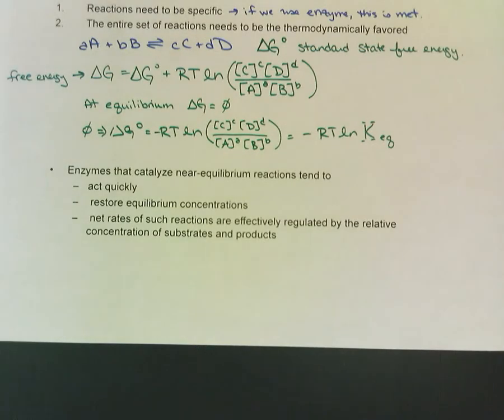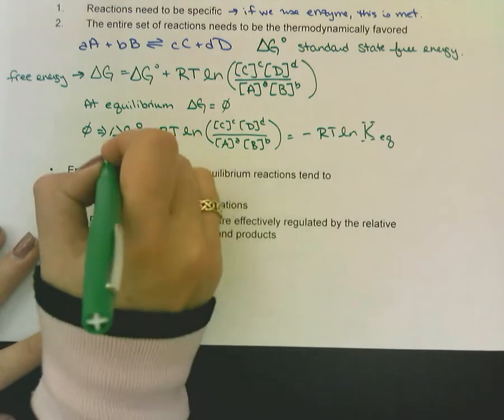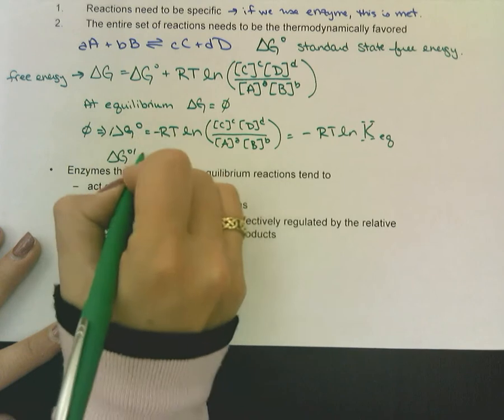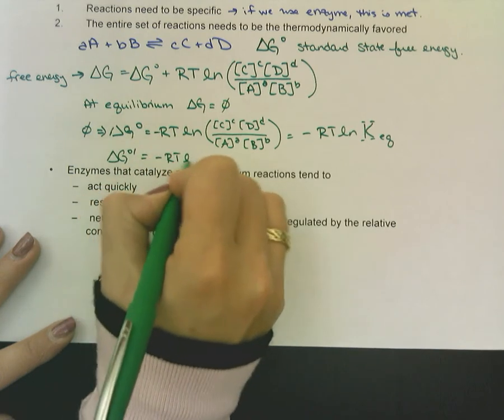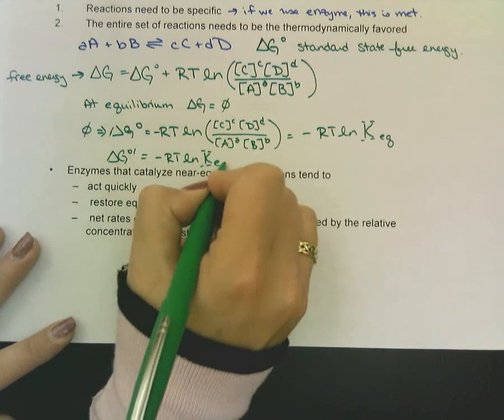If you're at equilibrium, delta G equals negative RT ln of big KEQ, which is the equilibrium constant for the reaction, because the equilibrium constant depends on concentration. Which we then rewrite as delta G 0 prime equals negative RT ln of KEQ.